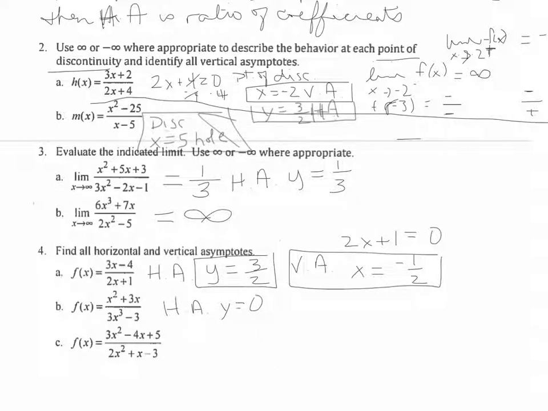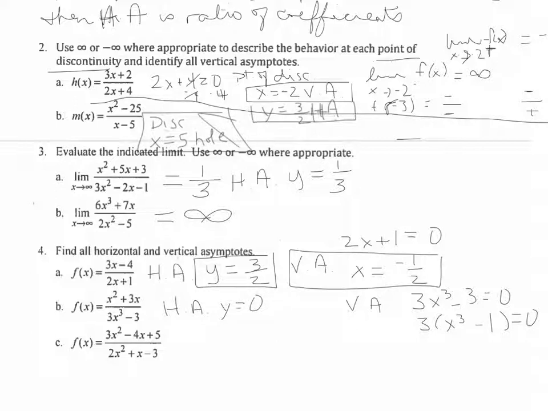Do I have a vertical asymptote? This one occurs here. You would set 3x cubed minus 3 equal to 0. And if I factor out a 3, I get x cubed minus 1 equals 0.